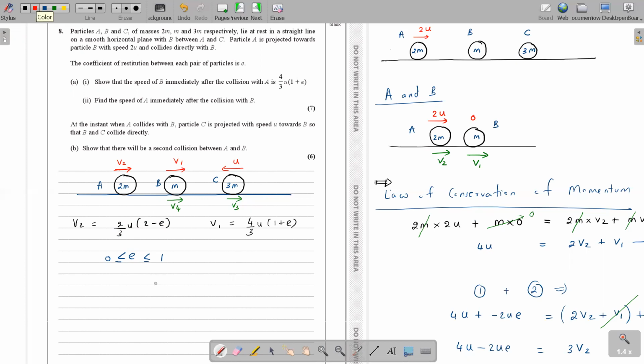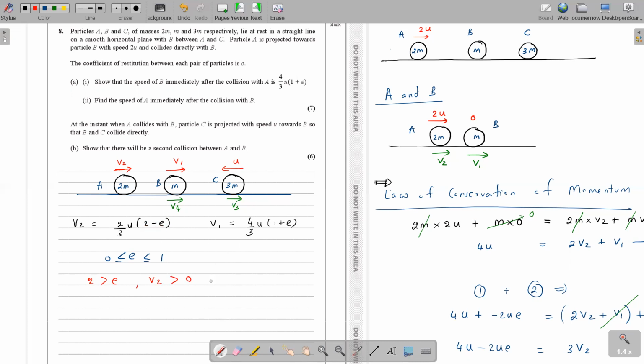So you can write here v2 is greater than 0, or you can say 2 is bigger than e. Definitely this 2 is bigger than the e value, which is between 0 and 1. So definitely your v2 is positive. The v2 answer is surely a positive figure, because e is the uncertain figure here, and this subtraction always gives me a positive answer.